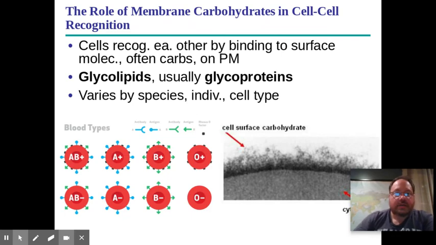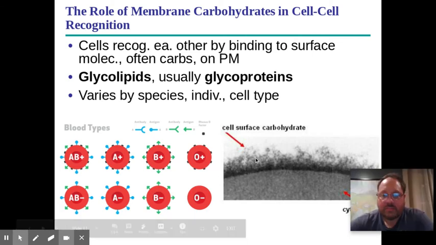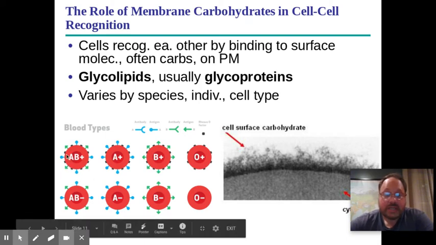All right, so the role of membrane carbs in cell-to-cell recognition. There are molecules on the surface of cells that allow for communication between cells. A good example is blood types. This is one they like to talk about on the AP exam frequently. If you look at the surface of a cell, there could be these carb chains on the surface. Our blood cells have certain combinations of molecules on their surface.